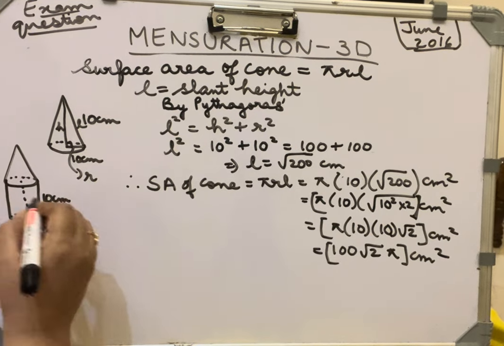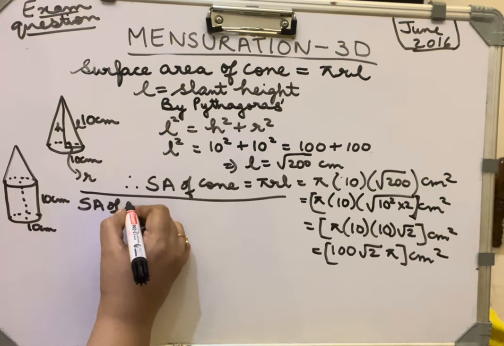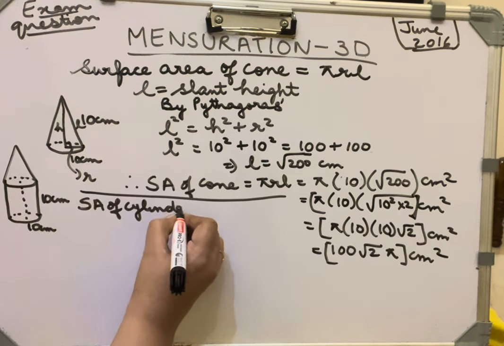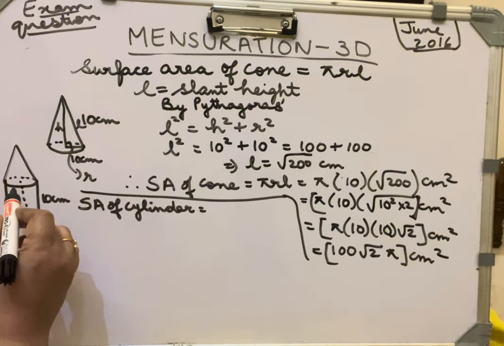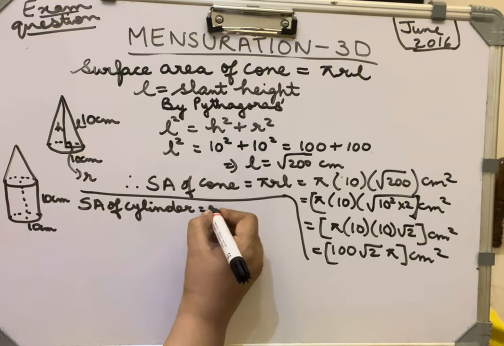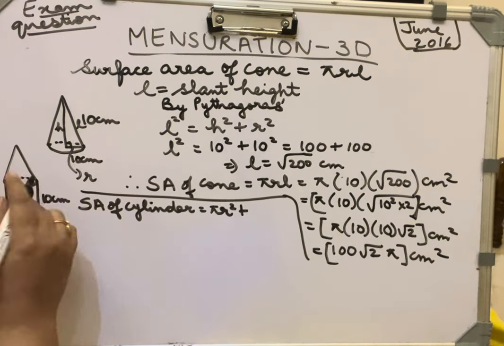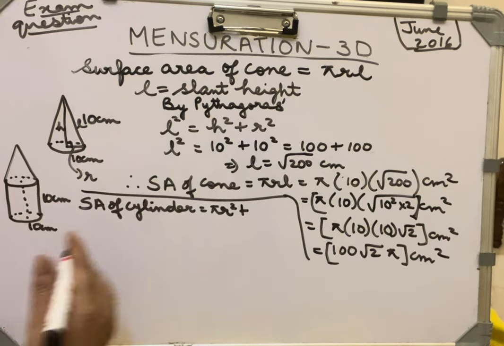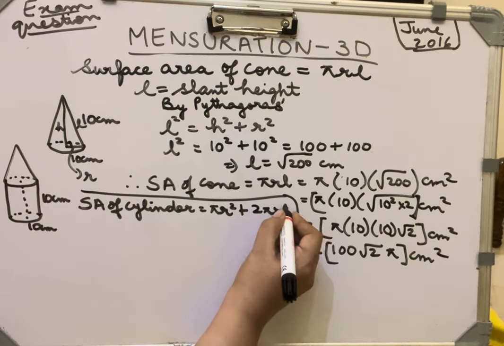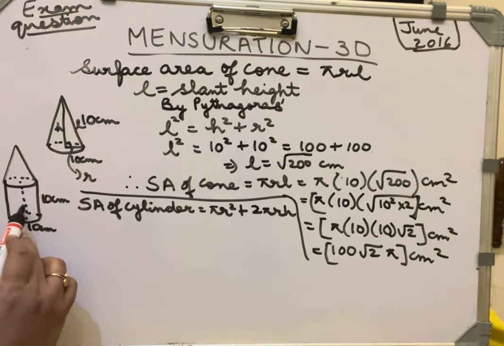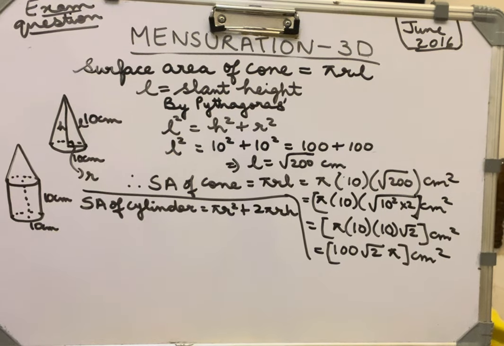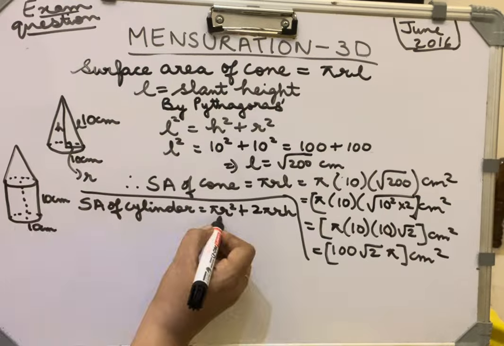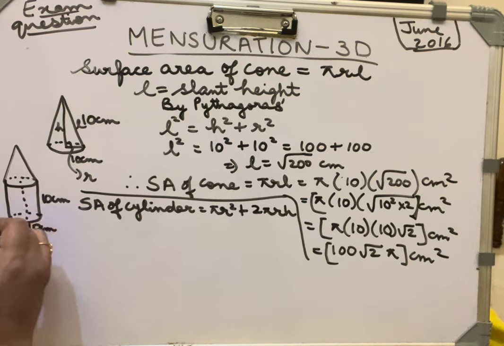So here surface area of cylinder will be the base area pi r square plus the outside area of cylinder, which is 2 pi r h. Why? Because the circumference of circle is 2 pi r and multiplied by height of cylinder. So the total surface area of this cylinder is pi r square, the base area, and 2 pi r h.